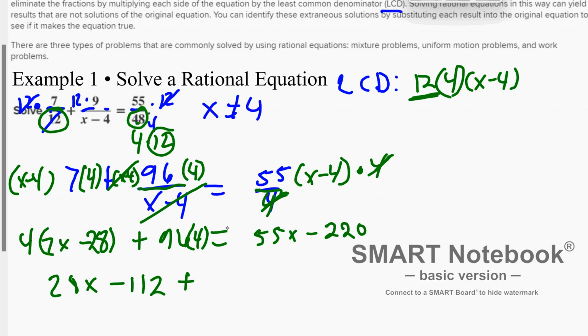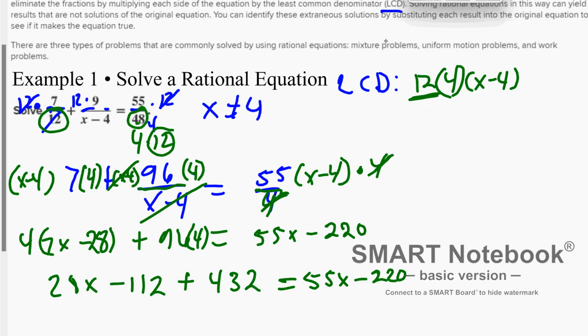What is that? 432. And then equals 55x minus 220. All right, so then we can finish this problem.